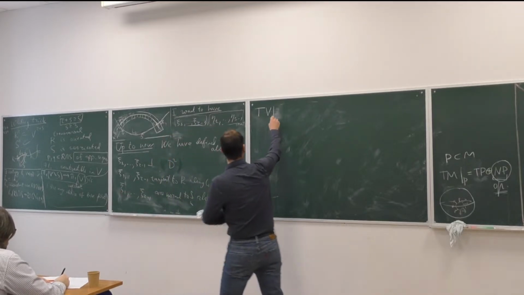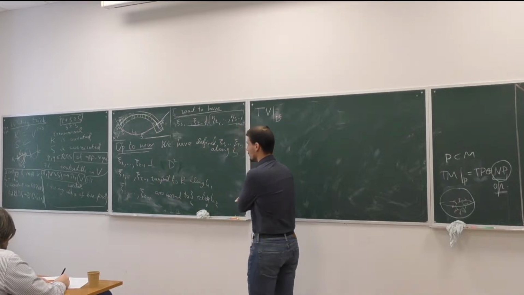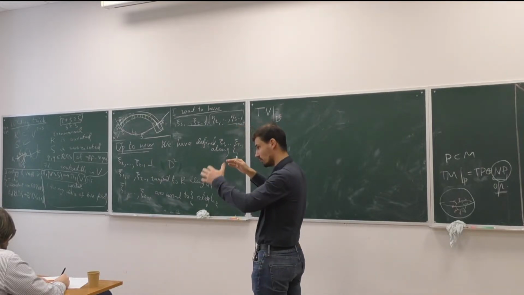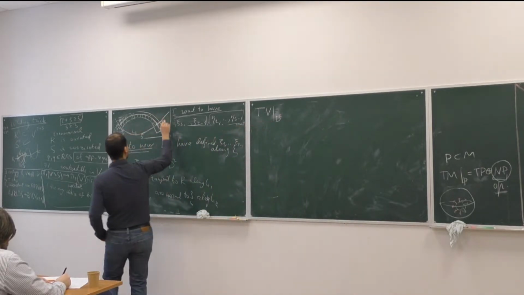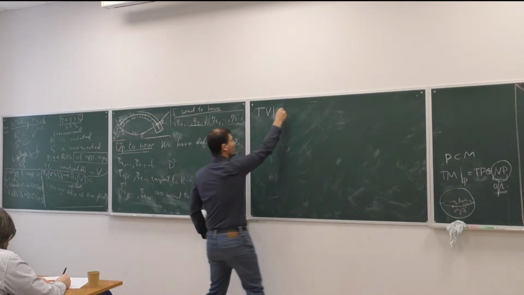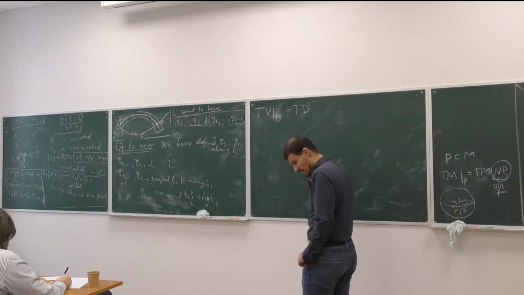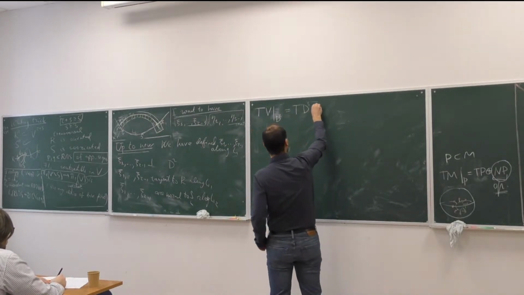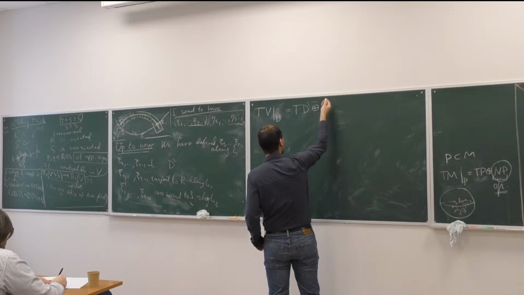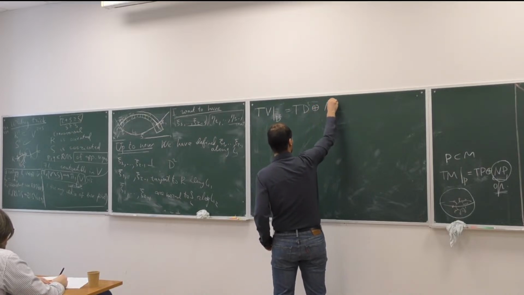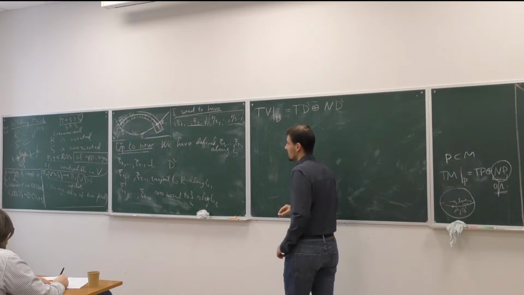If I restrict the tangent bundle to our disk, then what we get is just the tangent bundle, and we have the normal bundle.